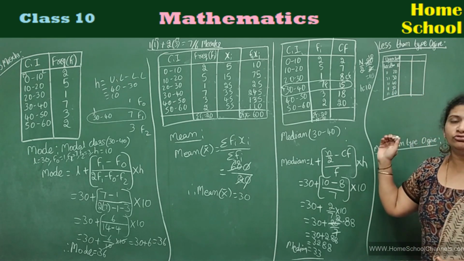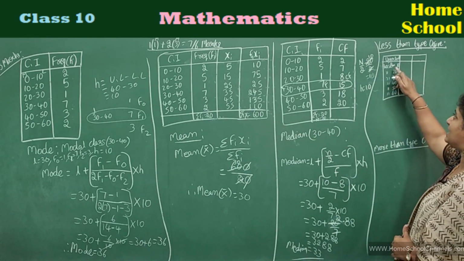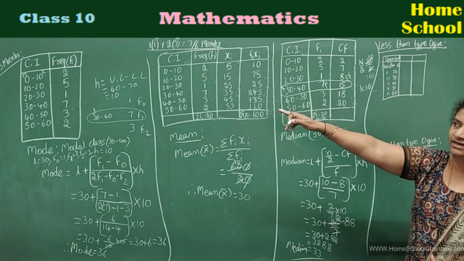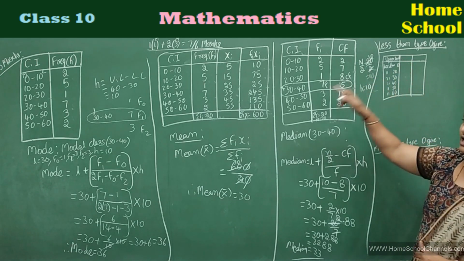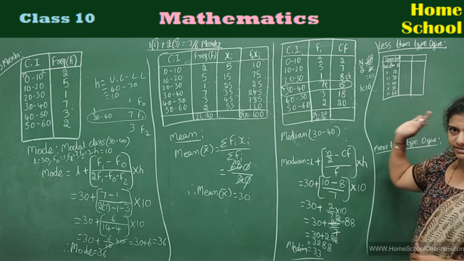Okay, we need to do the table again by seeing the question. Less than type ogive, when you need to draw, consider upper limit. So write here upper limit and say less than 10, less than 20, 30, 40, 50, 60.